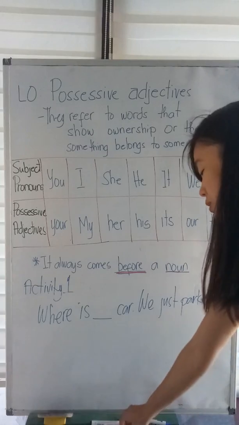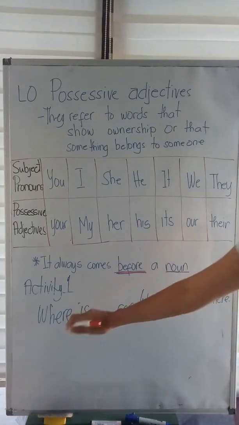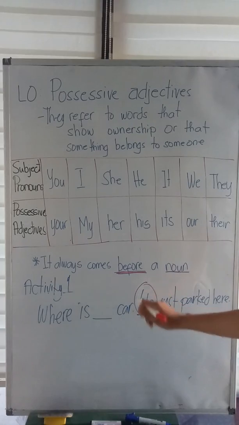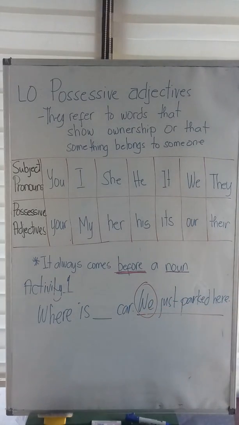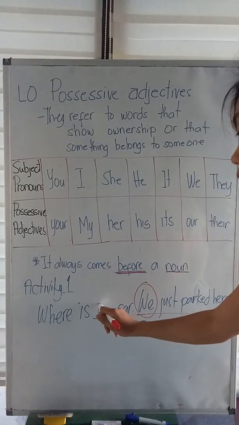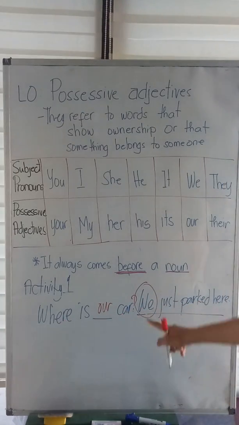So if you're going to understand the sentence, which subject are we using? You can check the second sentence. We are using the subject we. Since we are using the subject we, you look at your table. For we, the equivalent is our. So the answer is our. Where is our car? We just parked here.